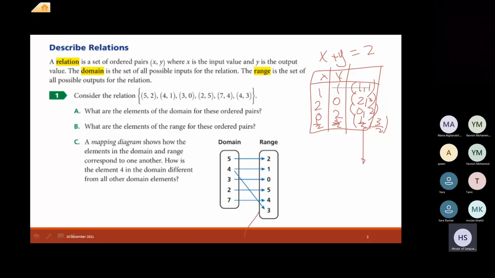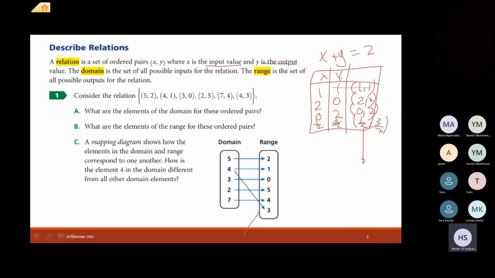The set of these ordered pairs have a relation. What is the relation? All of them are solutions of x plus y equals 2. So all of these ordered pairs are a set of inputs and outputs.